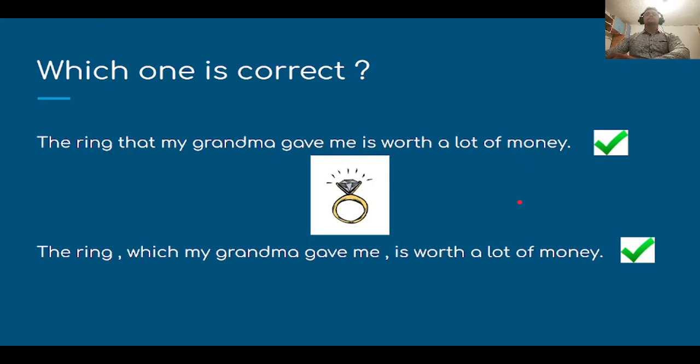But if you only have one ring on your hand and you just want to describe, give more information, then you will use this, which will go like, the ring which my grandma gave me is worth a lot of money. Whereas the fact that my grandma gave me will be put in commas because it's extra information and we know exactly which ring we're talking about here.